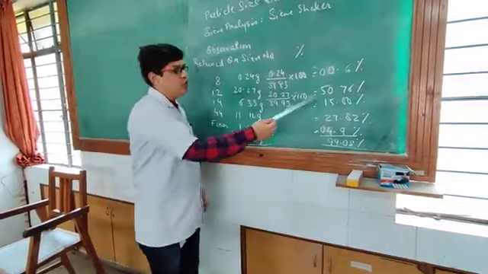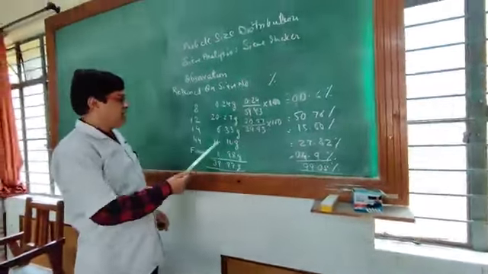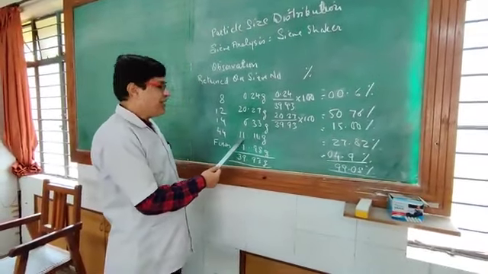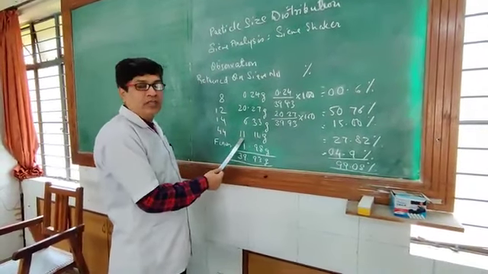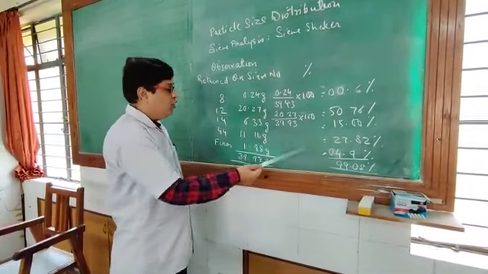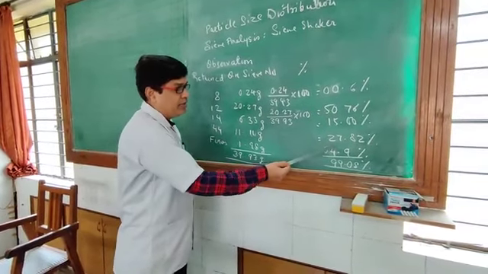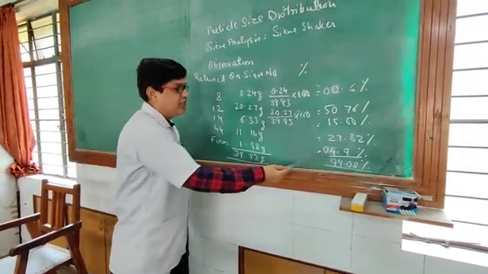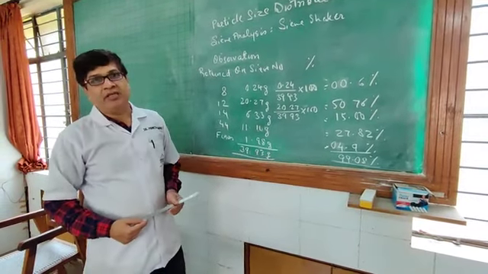The quantity comes to 50.76. In a similar manner, for 6.33 grams you get 15%. For sieve number 44, which is 11.11 grams, the value comes to 27.82, and the fines come to 4.9%.